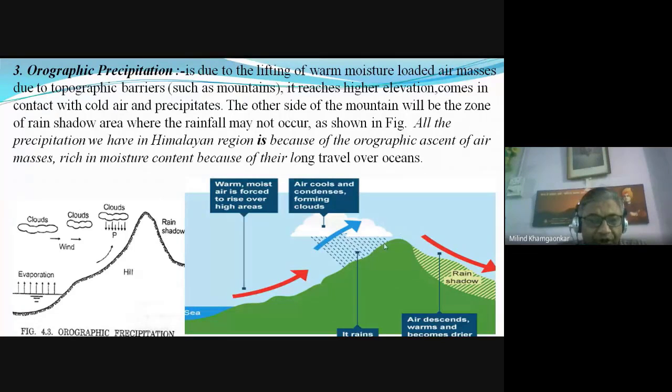As has been shown here, it is also shown in this sketch, the clouds move towards the mountains, and as the peak of the mountain is at a much higher elevation, these clouds cannot cross this peak, and therefore they get accumulated.